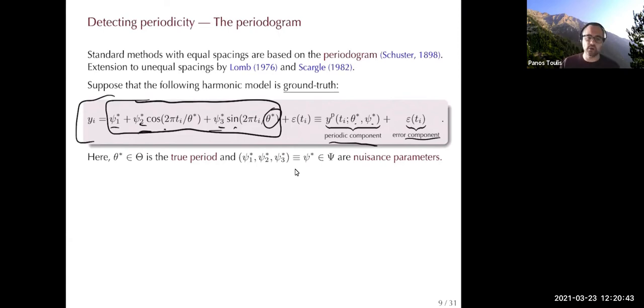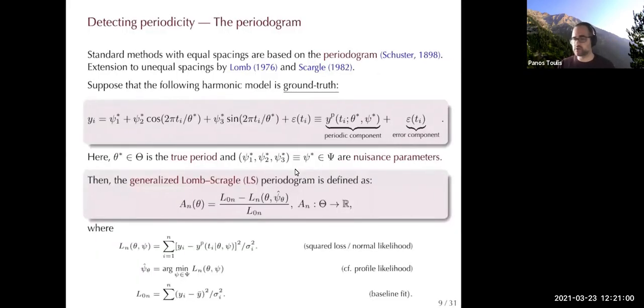Okay, so with that model, the periodogram is essentially comparing a model where we include these periodic terms at the specific period value theta with a baseline model where we don't use these periodic components. This is just one definition. I'm using the generalized Lomb-Scargle definition, but there are many different variants of it, and more or less all of them are equivalent.